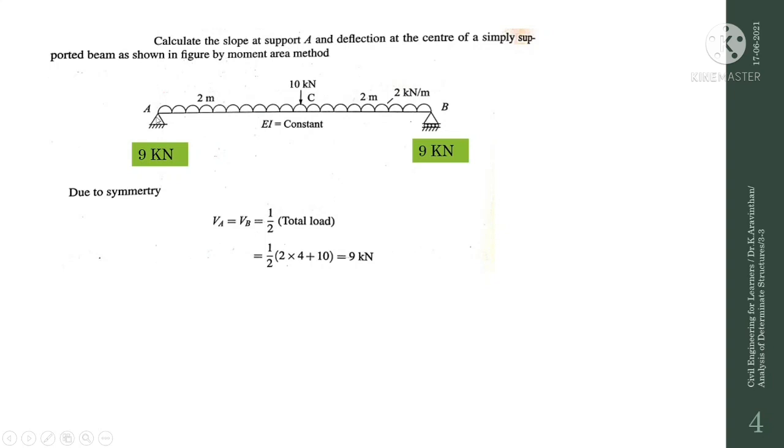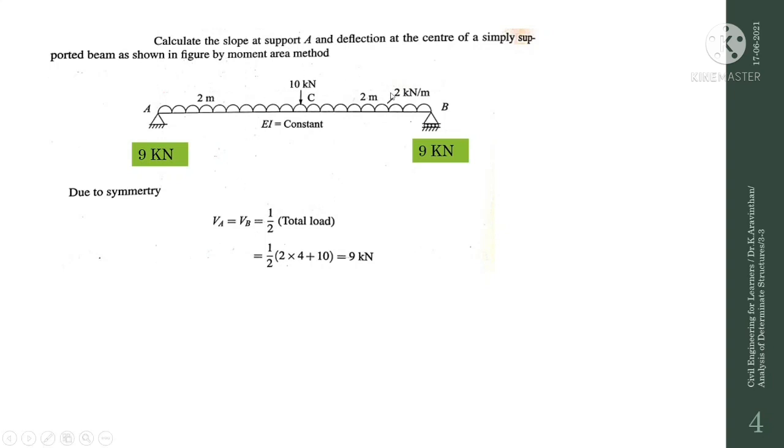First you have to find the reactions, that is RA and RB. For that, you can take the sum of all upward and downward forces, that is VA plus VB equal to 10 plus the UDL. Your point load is acting at center point C, and the total UDL is 2 into 4 meters, so that will be 8.